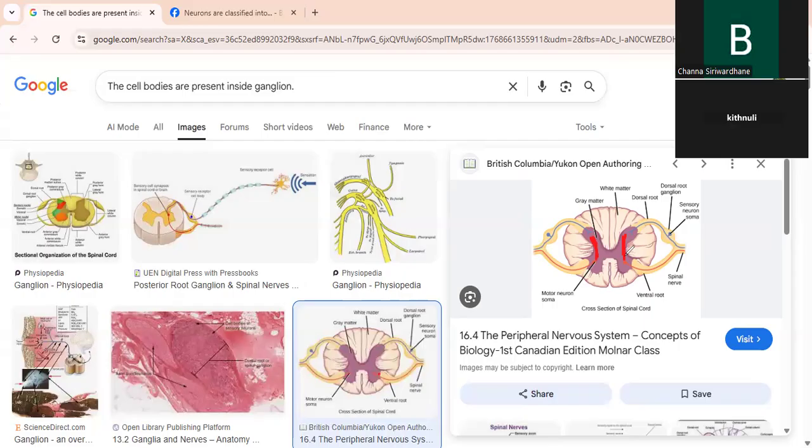Clear though? Clear, sir. Right. Now for this type of things, they are called ganglia.